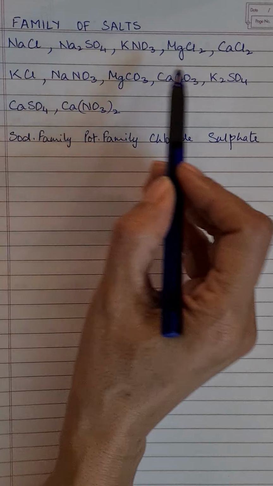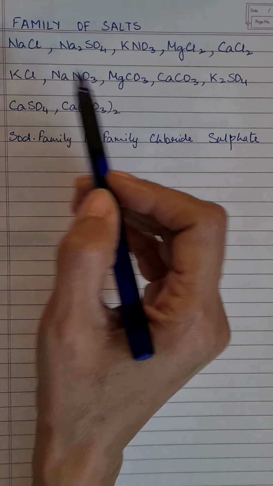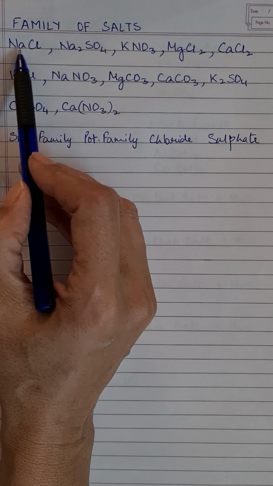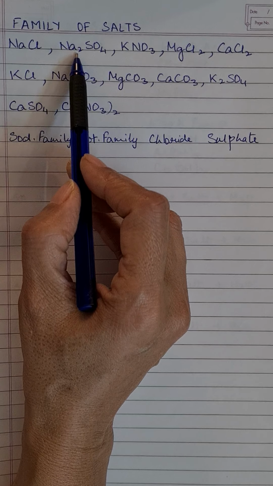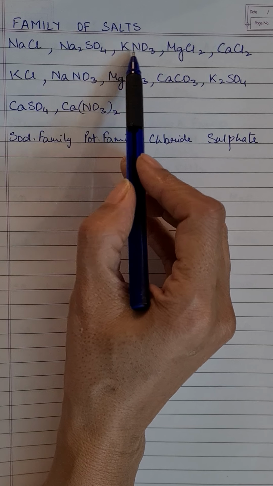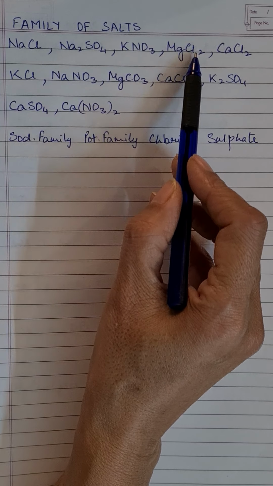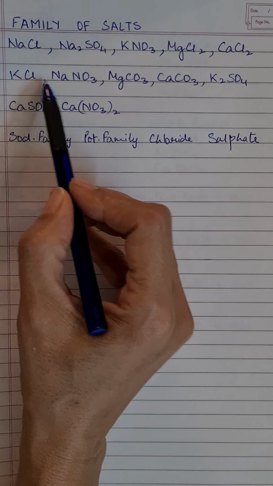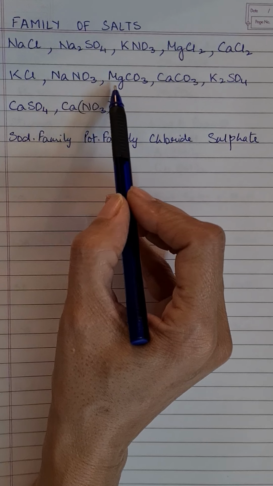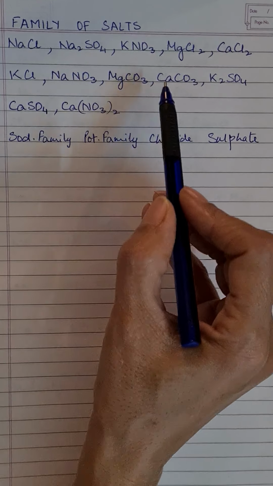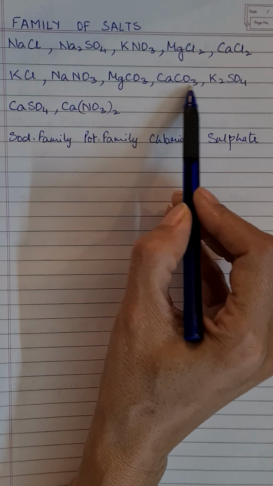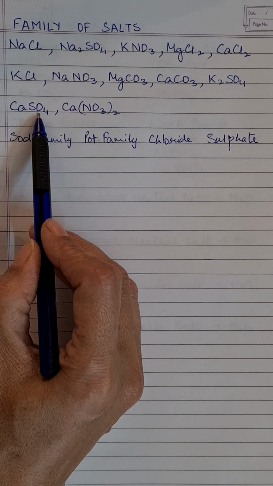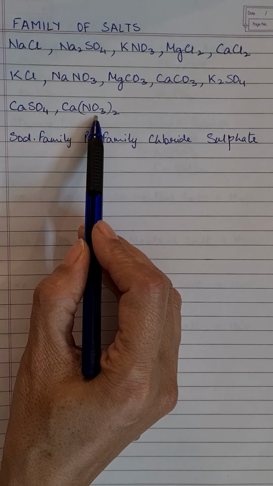Now, there are a number of salts here which I've written, and let me read out the names for you. The first one is sodium chloride, next is sodium sulfate, potassium nitrate, magnesium chloride, calcium chloride, potassium chloride, sodium nitrate, magnesium carbonate, calcium carbonate, potassium sulfate, and calcium nitrate.